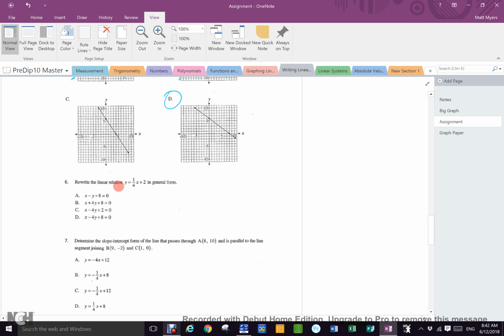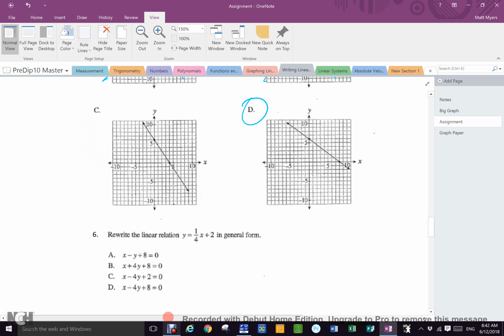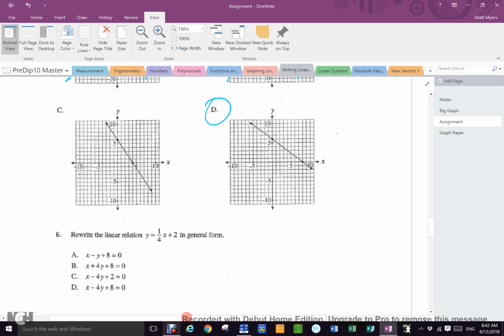Rewrite this in general form, which means getting rid of what? The equal sign. No, you need the equal sign. What must you get rid of there to make it general form?